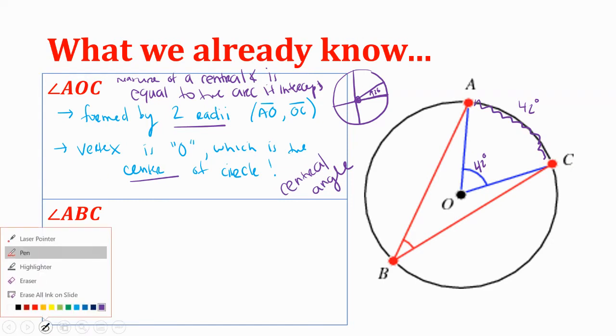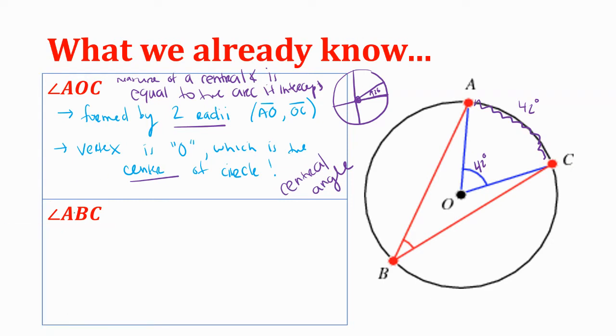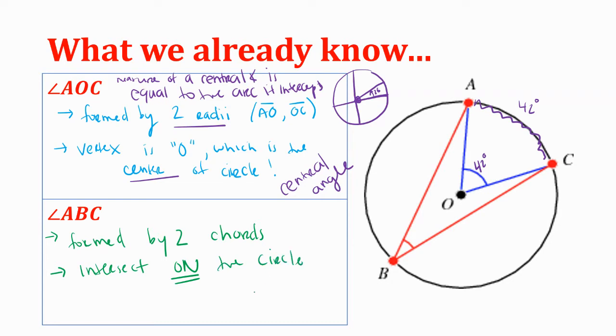Okay. Angle ABC is a little different, right? Let's see what we know about our vocab. It's formed by two chords, but it's not just any angle formed by two chords, right? They intersect on the circle, or on the circumference of the circle.